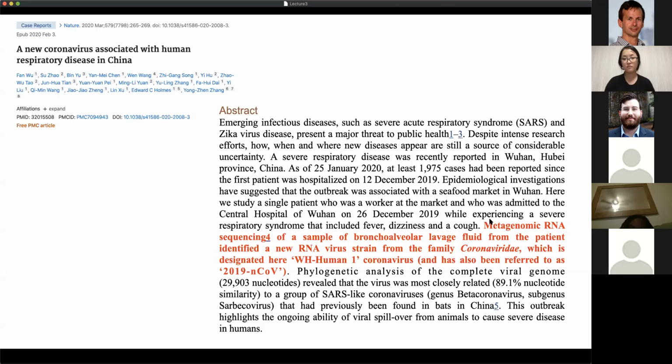They generated the sequence. So let's try to figure out by scanning some of the more salient parts of the paper how they did this.